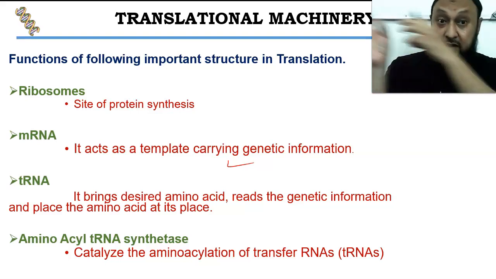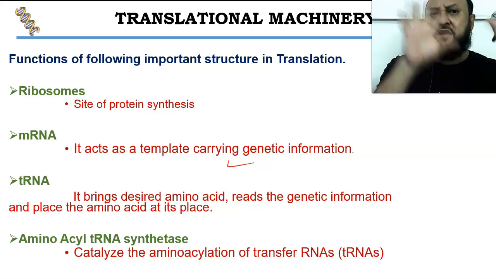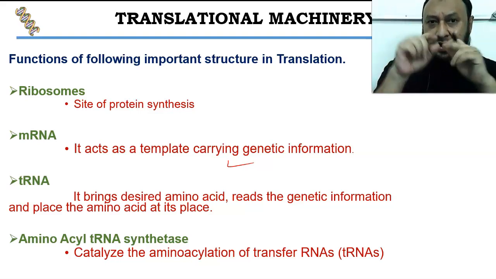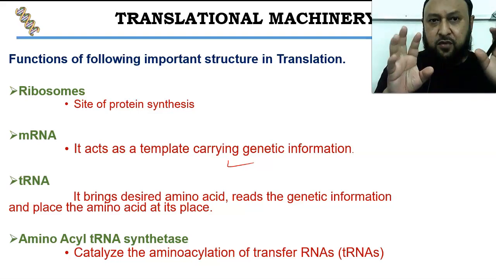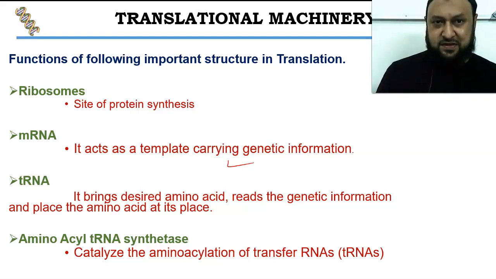That information is kept because the sequence changes the function of the protein. Depending on the sequence of amino acids, there are different proteins and the function is different, right?